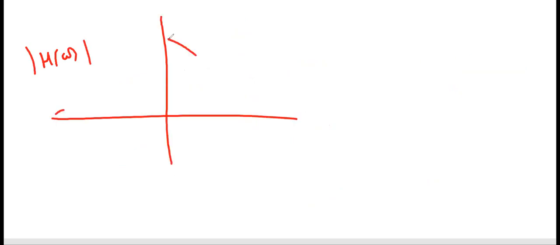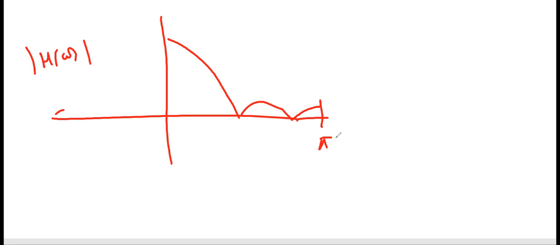Always the magnitude should be in the positive direction. And the second thing is where to stop. You should stop at the location of pi. You are not allowed to cross the value of pi. If you cross that, you are actually spoiling things.